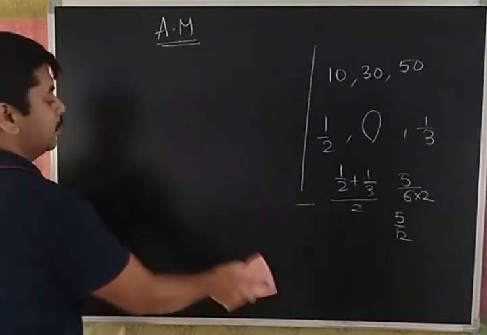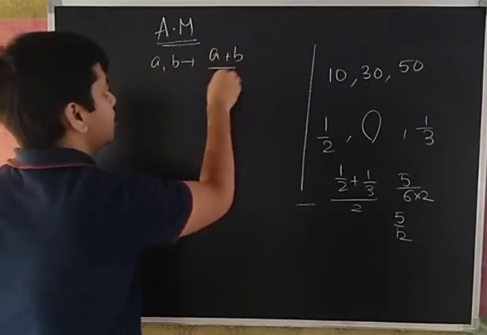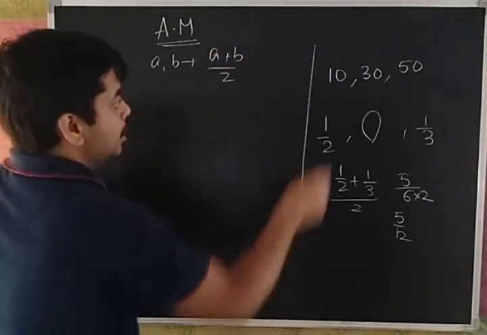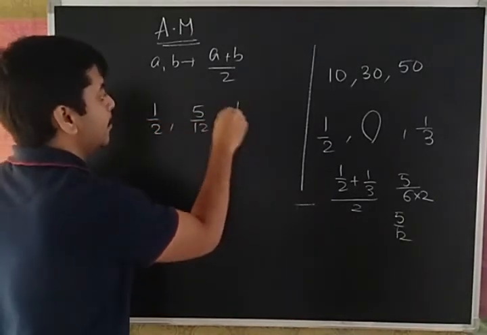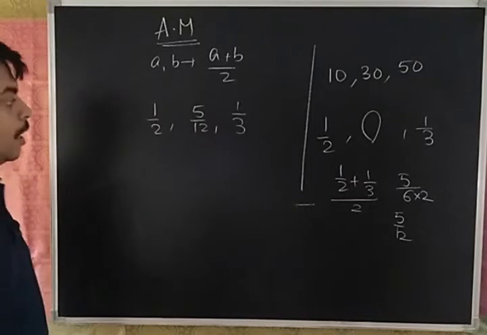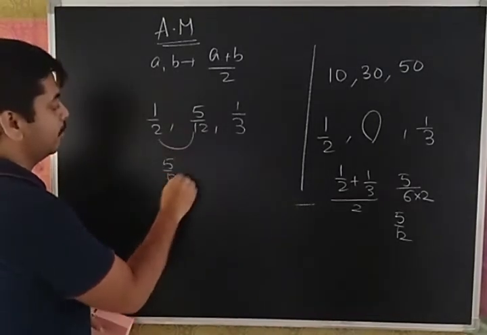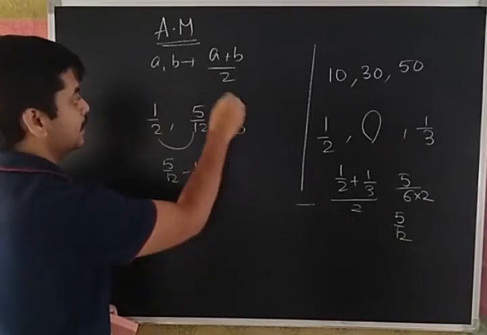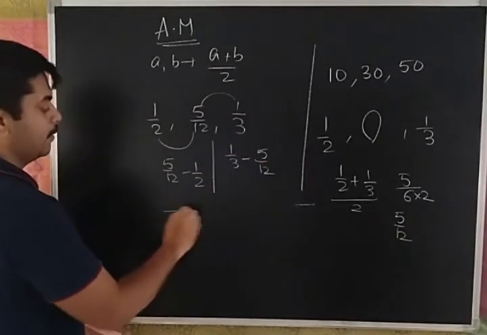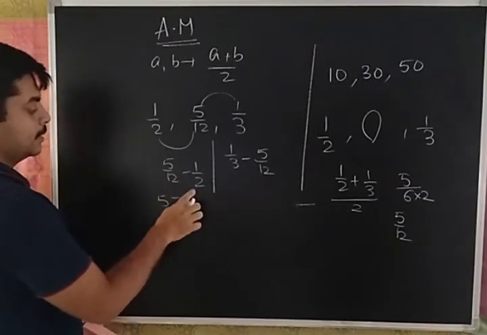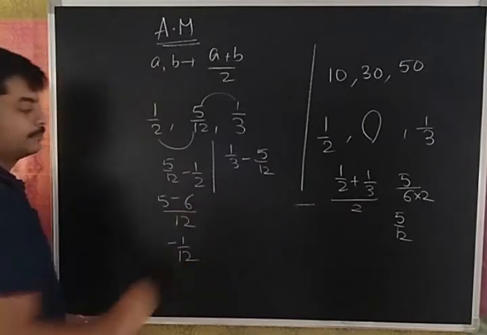So arithmetic mean of a and b will be a plus b by 2. So the progression now will be 1 by 2, 5 by 12 and 1 by 3. Yes or no? You just try to find the difference between these two, 5 by 12 minus 1 by 2, and check whether this is equal to the difference of 1 by 3 minus 5 by 12. So LCM will be 12, 5 minus 6, it is minus 1 by 12.